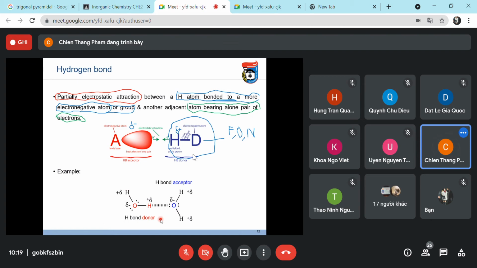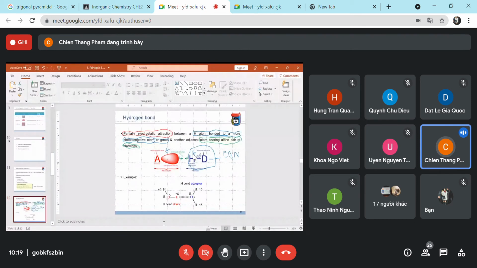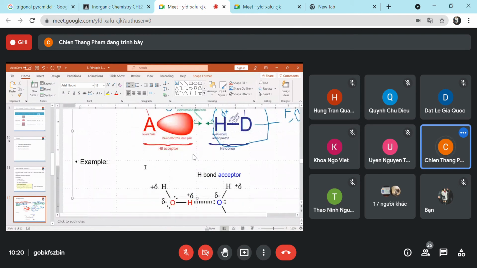And now as we come to the questions, let's consider the aqueous solution of hydrogen fluoride, HF. Let's think about the hydrogen bond in such solutions.